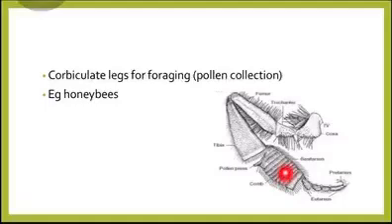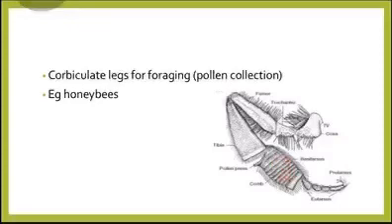Pollen comb is also called scopa. Now, how do the pollen basket and pollen comb function? The pollen basket is made up of chitinous hairs which are arranged in a circular form with a depression in the middle. So they form basket-like structures.